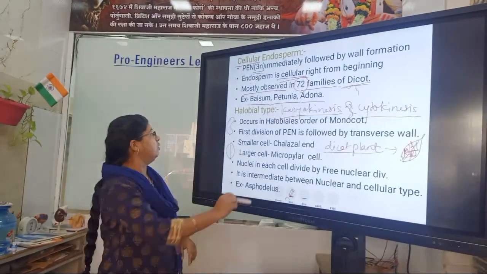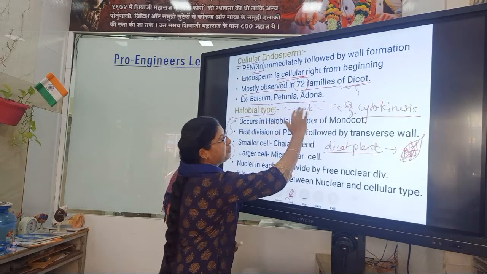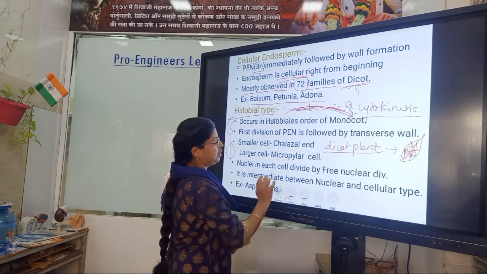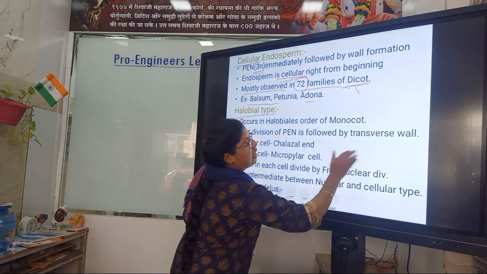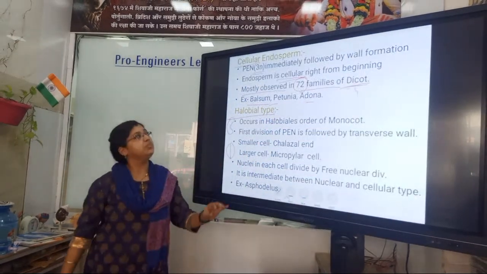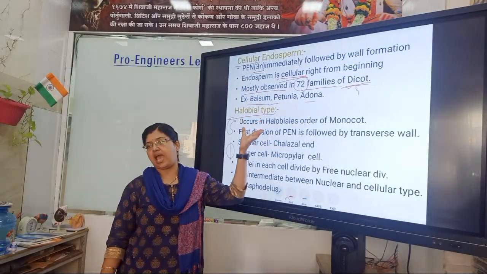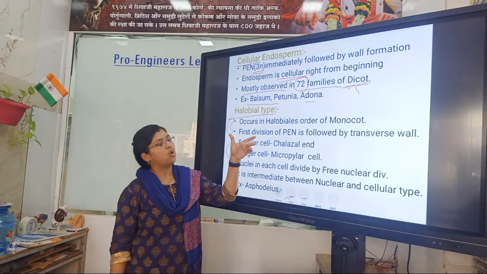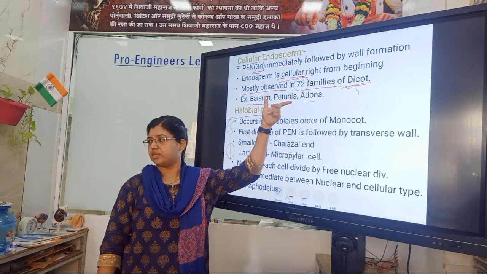Now the helobial type. The helobial type is intermediate between nuclear and cellular, meaning it has characters of both nuclear and cellular endosperm.